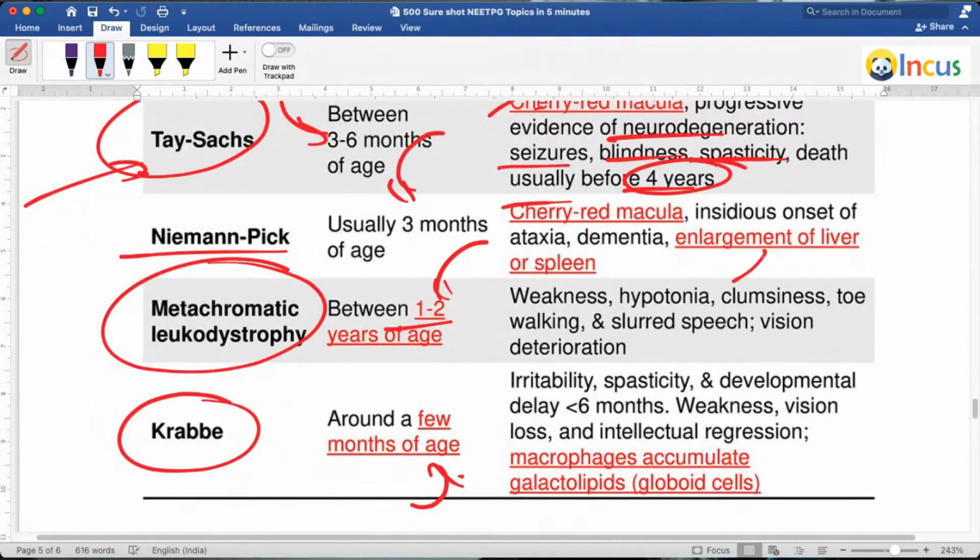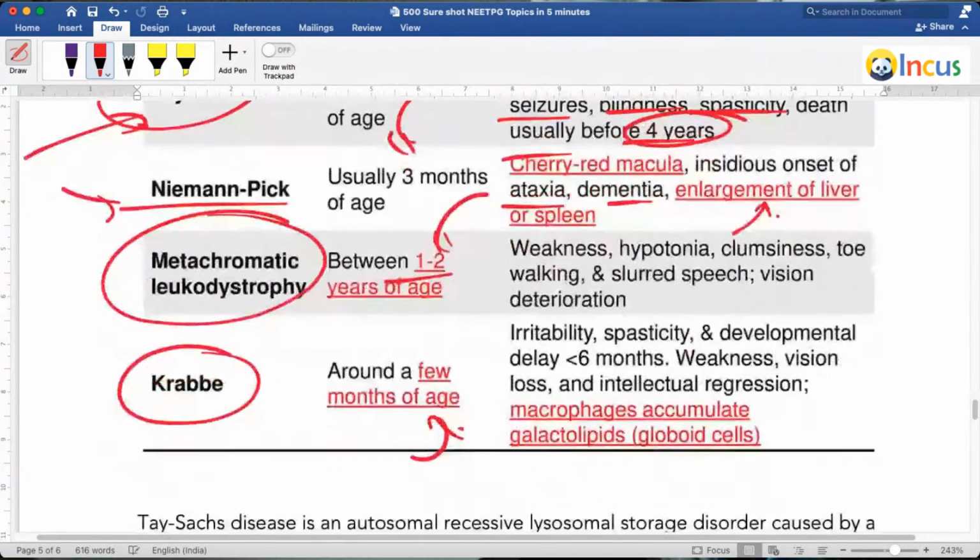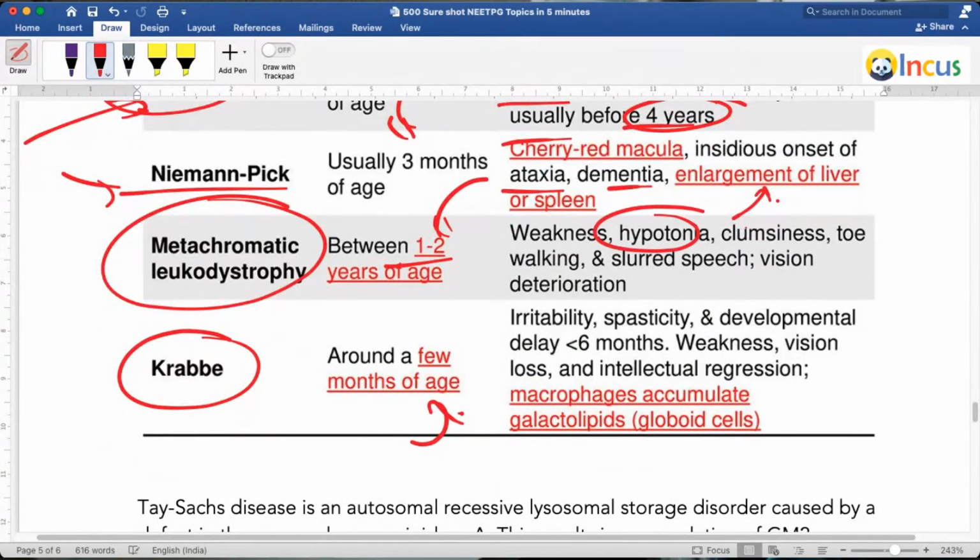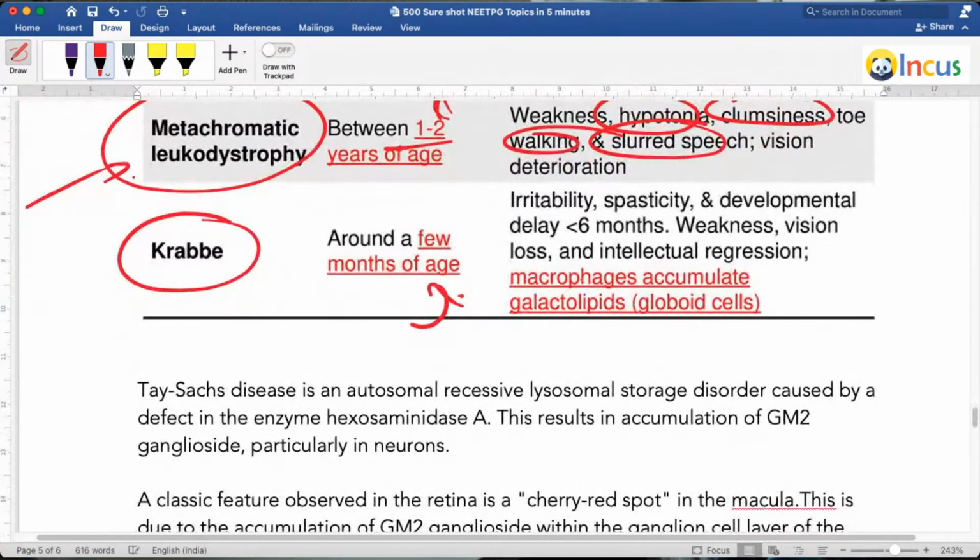Cherry red macula with enlargement of liver and spleen with ataxia, dementia, Niemann-Pick. Hypotonia, clumsiness, toe walking, slurred speech, metachromatic leukodystrophy. And globoid cells, where macrophages accumulate galactolipids, is a feature of Krabbe. So this is what you need to remember.